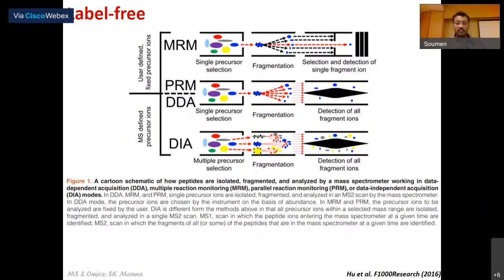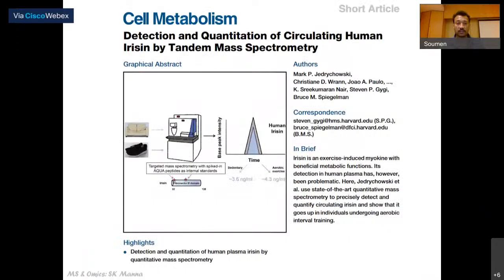You can exactly see, even without any labeling, you can do label-free quantitative analysis of change in protein expression. That is very useful, like SWATH, for analyzing several different protein samples, and it is also very cost effective.